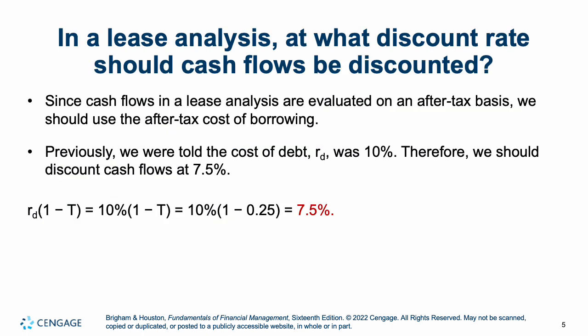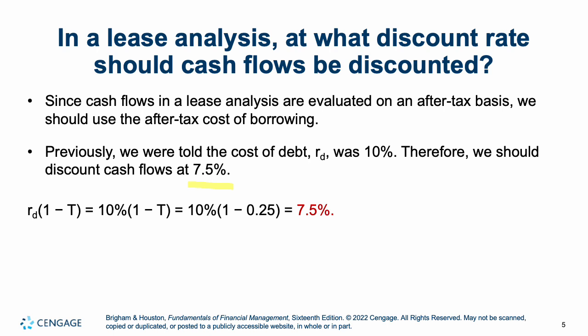So in a lease analysis, what discount rate should we discount our cash flows at? In a lease, we're evaluating on an after-tax basis. We should use the after-tax cost of borrowing. So since our cost of debt is 10%, we should discount cash flows at 7.5%. Very similar to what we did when we looked at the cost of debt chapter.